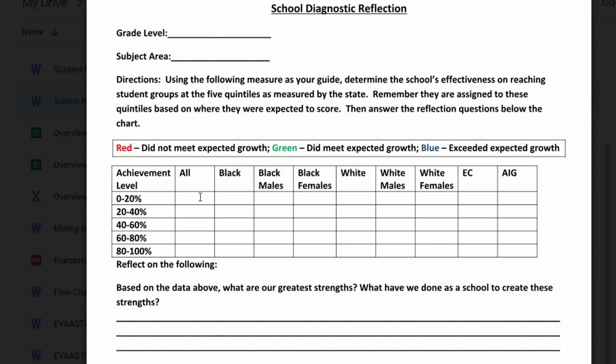So I would color that box in green. I can even write the number negative 1.0 if I wanted to write it in the box so I can actually see what the growth standard was. My 20 to 40% also met growth, so that would be green. My 40 to 60% met growth, so that would be green.